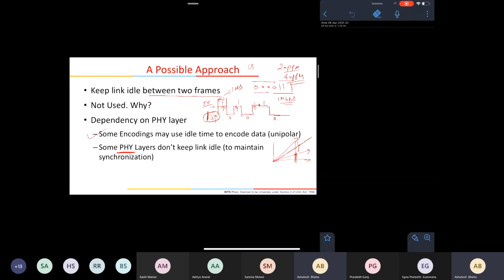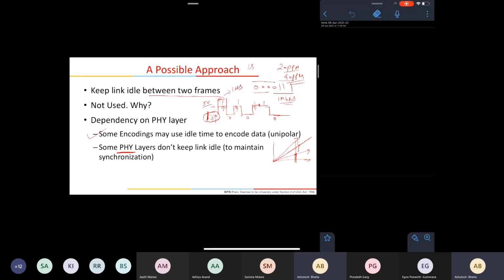Synchronization is a very important aspect of any communication. The nodes should be synchronized in terms of their clock timings, to see where the signal is starting at least. Then some dummy bit patterns are sent to allow the other side to be in sync with the sender.